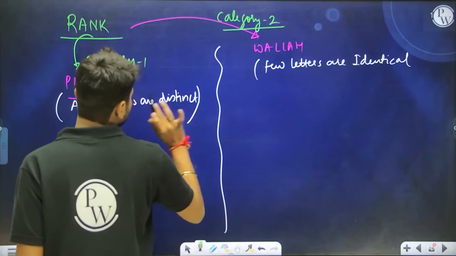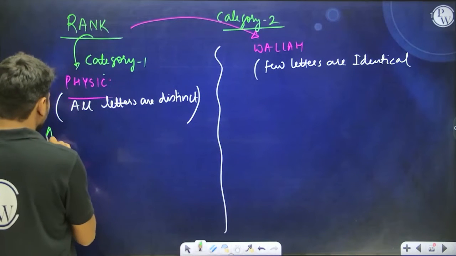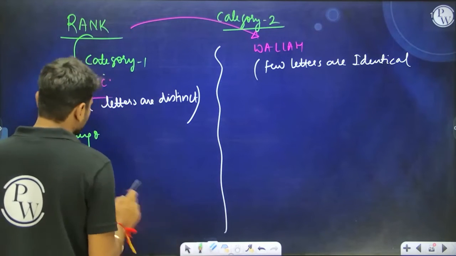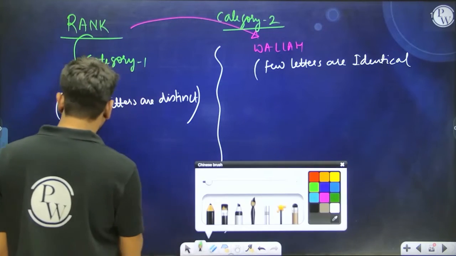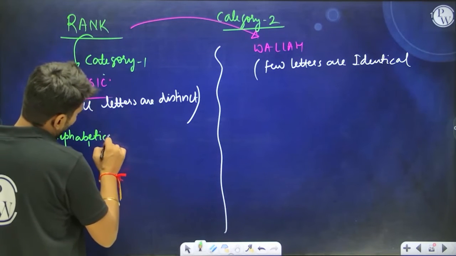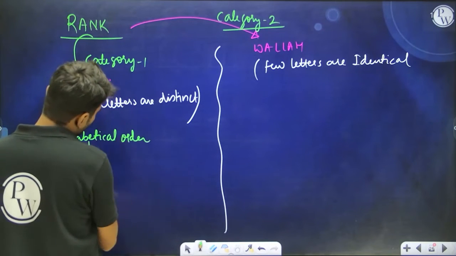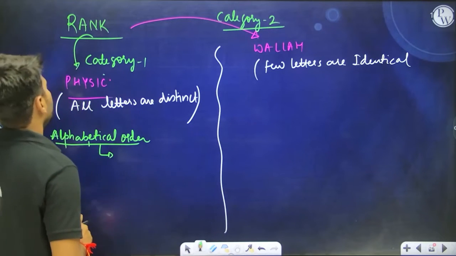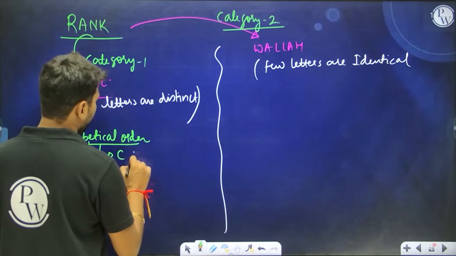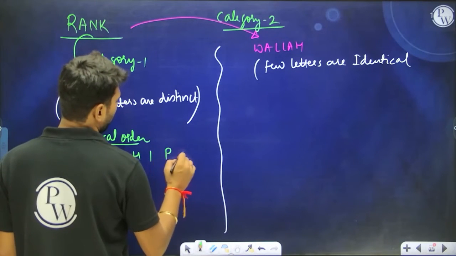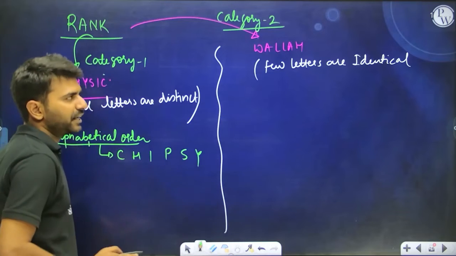Now in this variety of questions, first we write down the letters in ascending order, that is, alphabetical order. So over here, the alphabetical order says C, H, I, O, P, Q, R, S, Y. This will be the alphabetical order, yes or no?